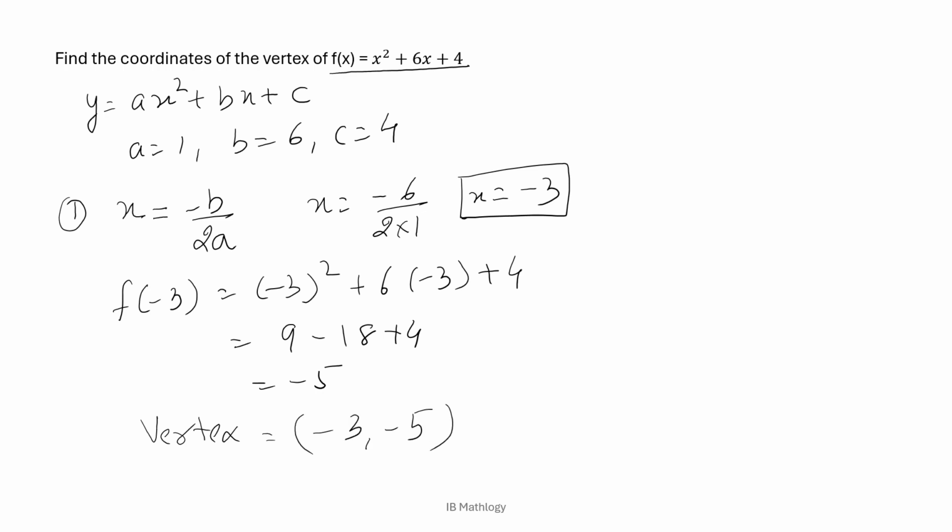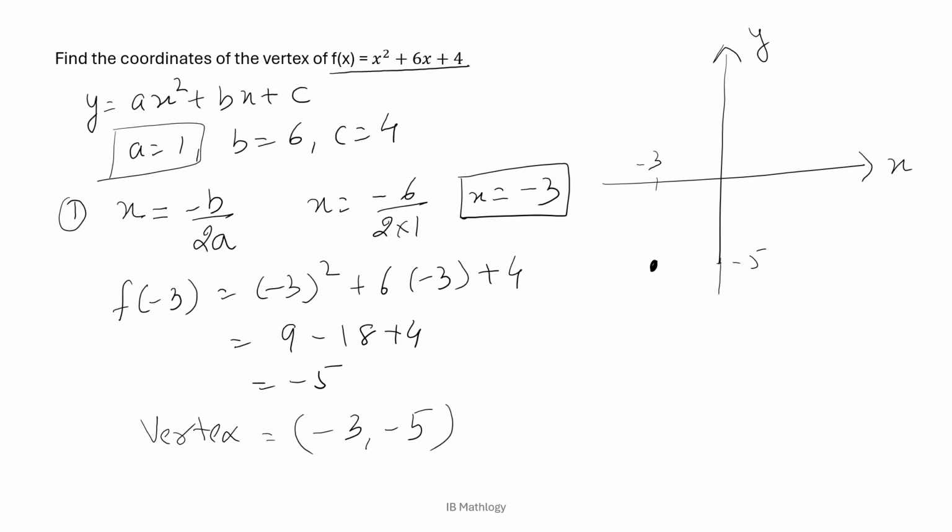Now we can draw this also. Before drawing, let's first locate the points. My x coordinate is -3 and y coordinate is -5. It means this is my vertex point. And as the a value is greater than 0, I can say that my parabola will open upwards.